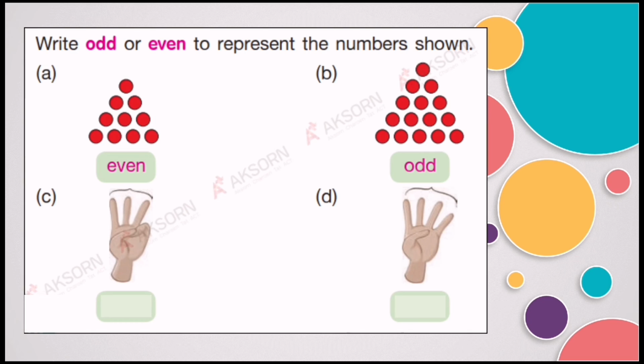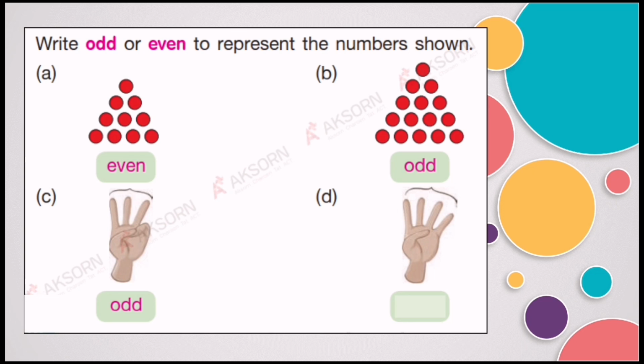So the next one. Let's count the fingers. How many fingers do we have? 1, 2, and 3. If we pair these two, the other one doesn't have a pair. So is it an odd or even number? Odd. And then for the last one, 1, 2, 3, and 4.